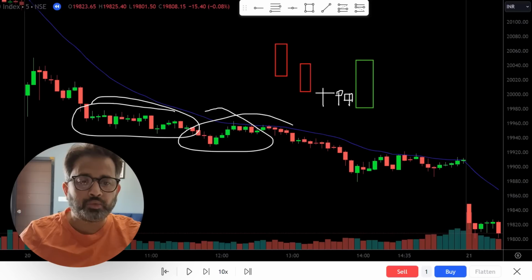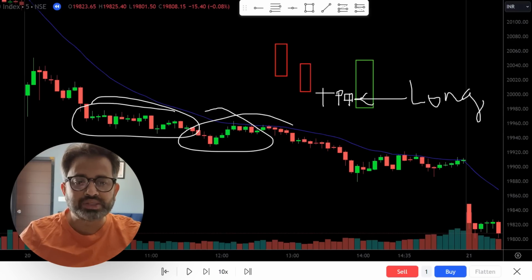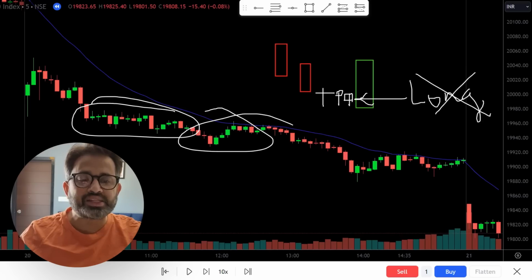When you see this kind of pin bar, most novice traders go long here because it's a bullish pin bar. But I don't suggest that, because it will not tell you that momentum is shifting from sellers to buyers. It can only tell you that sellers are getting weaker and weaker. Only after a series of pin bars or a series of doji, if you see this kind of candle, that is the place to go long.